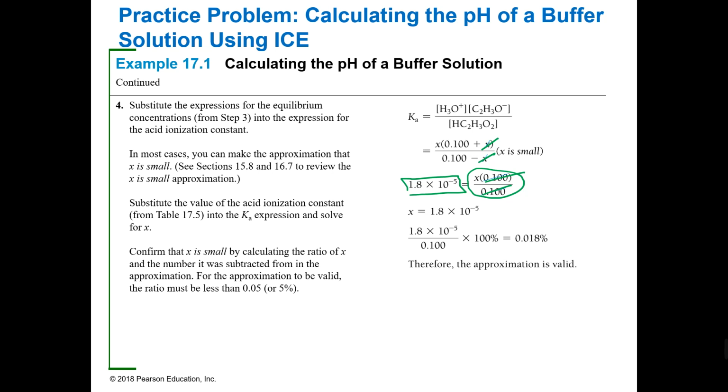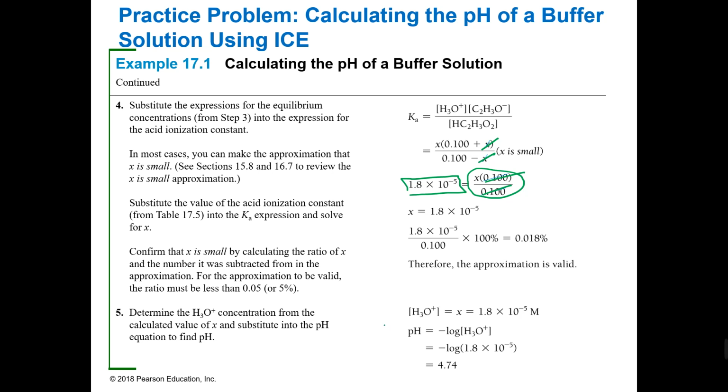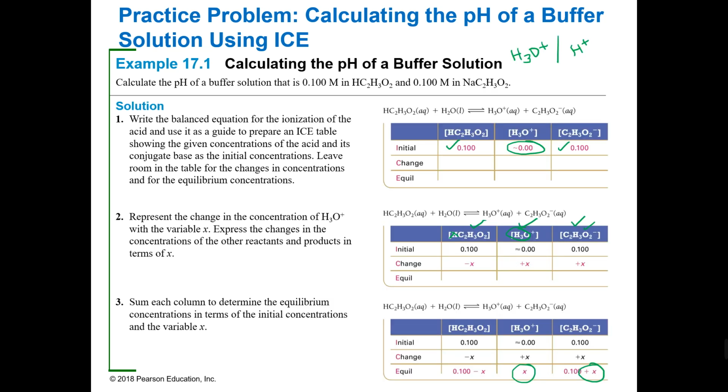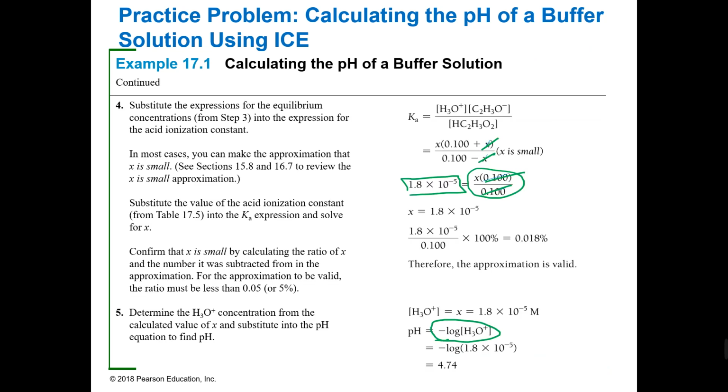Finding the pH from that is just simply saying, okay, negative log of the hydrogen ion concentration. Remember, we're just solving for X. X is the change, and that's going to give us the hydrogen ion concentration in solution. Once we take that negative log, we're going to find that the pH is 4.74.